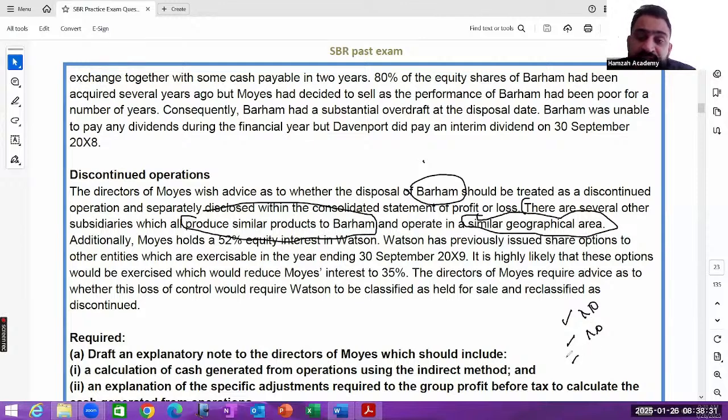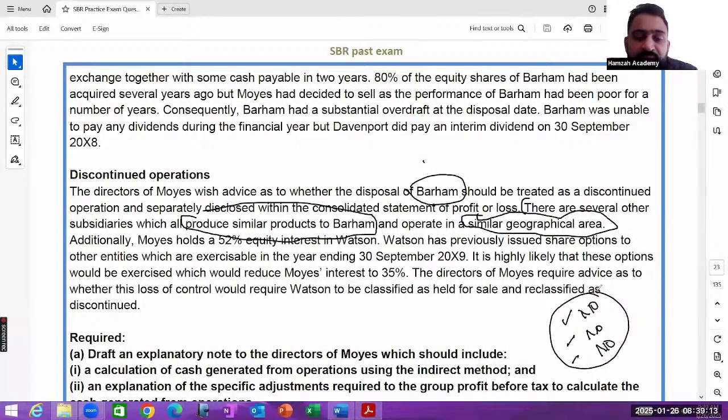And whether we expect that the sale would be completed within 12 months, the answer is no. So there are many criteria which should be fulfilled to classify a non-current asset as held for sale. According to the IFRS 5 criteria, the Watson company cannot be treated as a held for sale non-current asset.